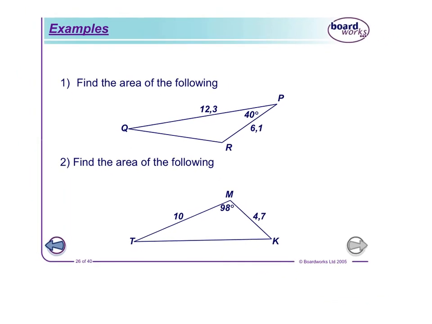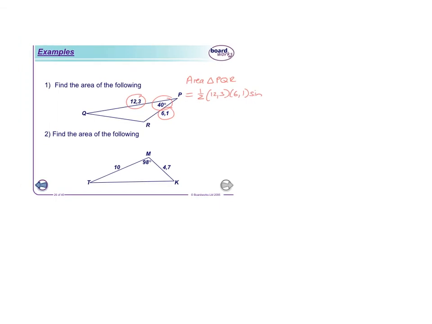Okay, so let's have a look at the area. You need two sides and the included angle in order to do this problem with the area rule. So finding the area, we've got the sides and the included angle between them. So the area of this triangle PQR is going to equal half of 12.3 times 6.1 times sine of their included angle. It doesn't matter what order you have the sides in, because multiplication order does not make a difference.